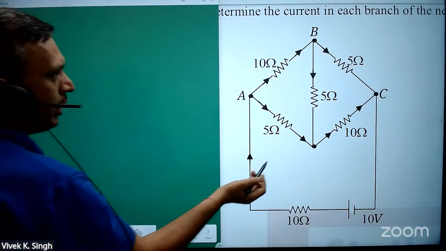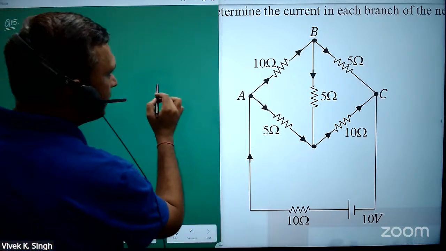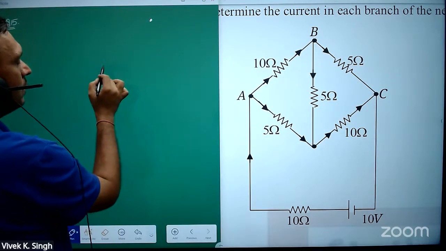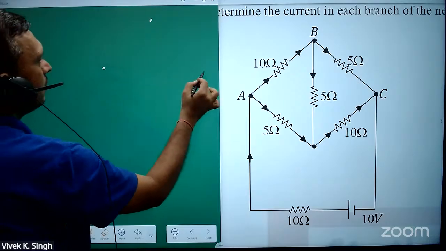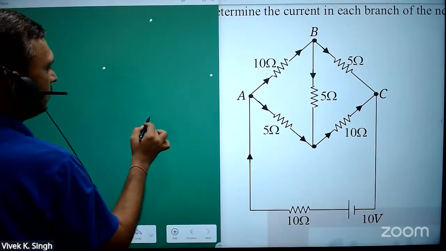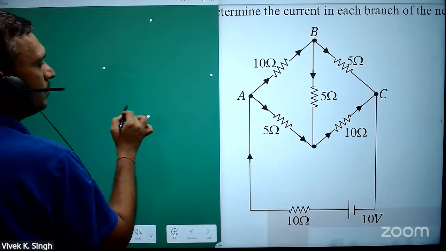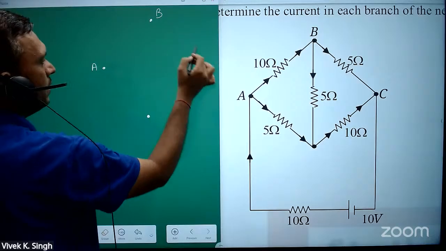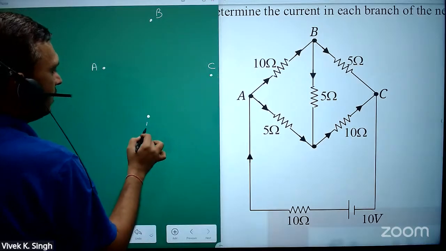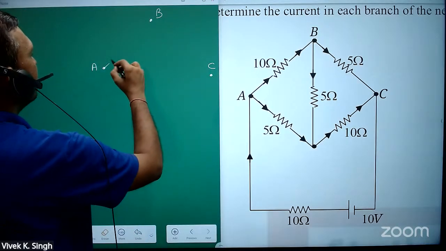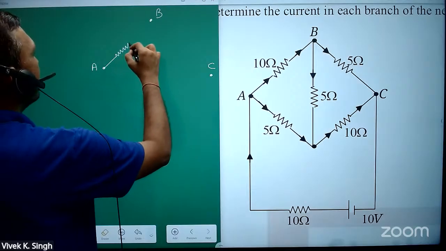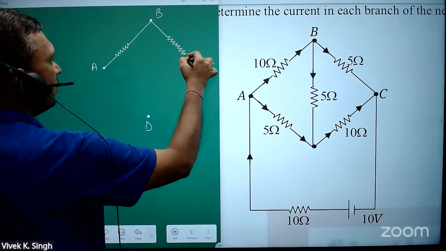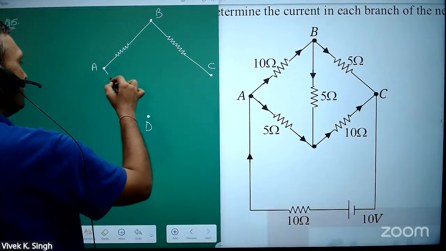Let's take this point is D. These are the points A, this is B, C, and this is D. This is one resistance. There is another resistance.